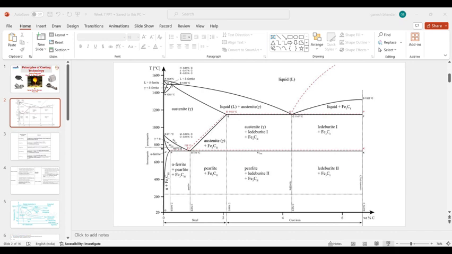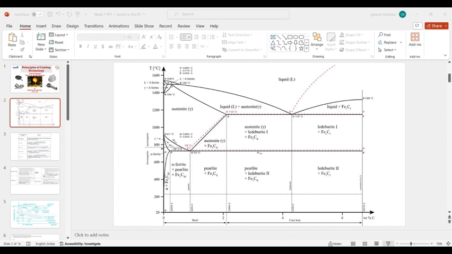Okay, so providing that much fast cooling rate, around 100 degrees Celsius per second or maybe 150 degrees Celsius per second, we take our sample out from the furnace and we put it down in cold water or cold oil. Okay, so what will happen, due to very high conductivity of the water or oil system, your sample is going to cool down very quickly.